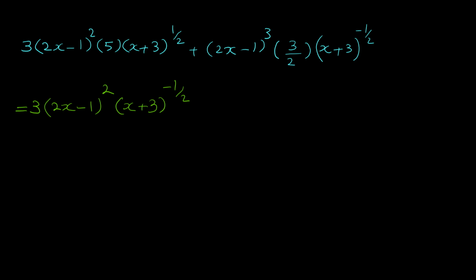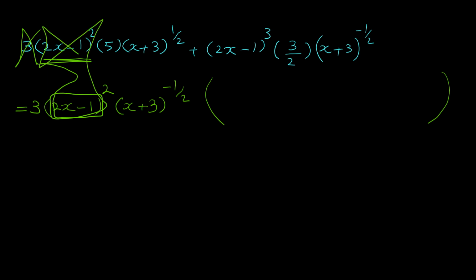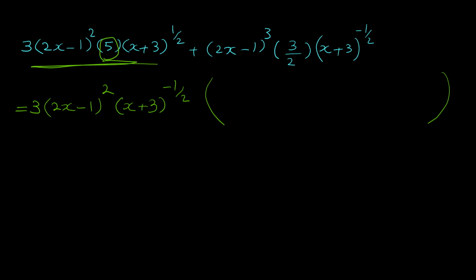So by factoring 3 also, let's see what remains from each term. Because we factored 3, this 3 is gone. From this term, we have factored (2x minus 1) to the 2, so this is also gone. From this term here, we have a 5, so we leave 5 here. What about this? We have factored (x plus 3) to the -1/2, but here we have (x plus 3) to the 1/2.